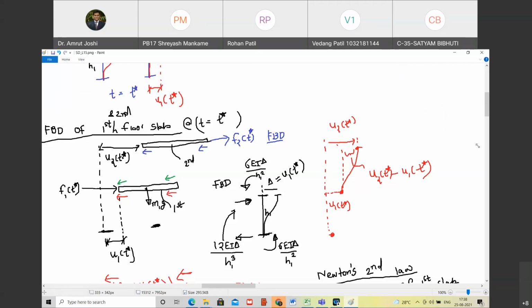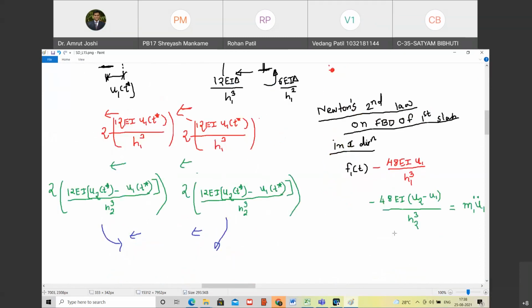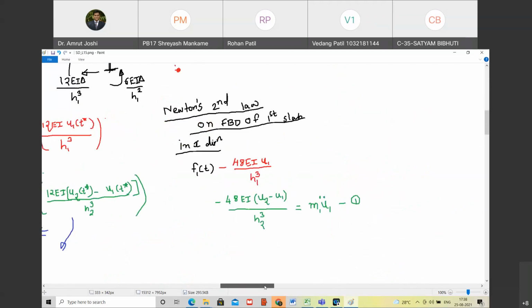No, no, sir. Okay. So now what I'm trying to do is apply Newton's second law to the first storey slab. Are you with me? Yes, sir. And I get this equation. अब इसमें मैं क्या करने वाला हूँ?